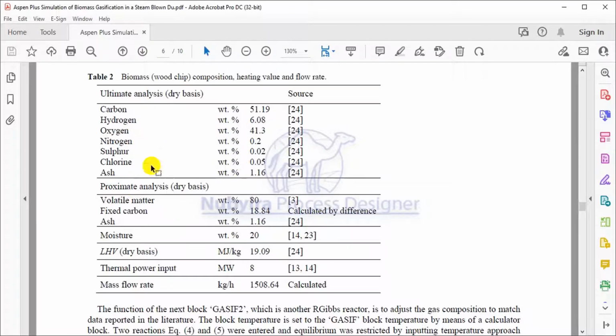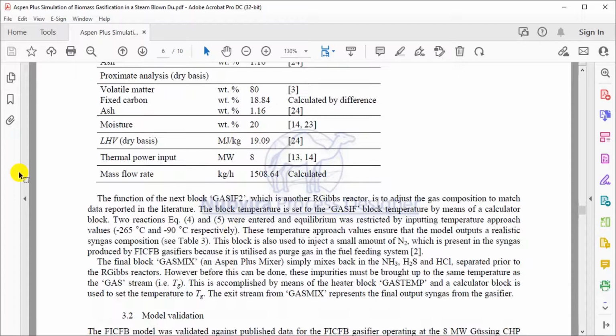You have to model them as non-conventional components in Aspen Plus, and that is the power of Aspen Plus, its ability to model non-ideal systems. So we have the ash, the fixed carbon, the volatile matter, the moisture, then the lower heating value and the thermal power, and the mass flow rate of the biomass.